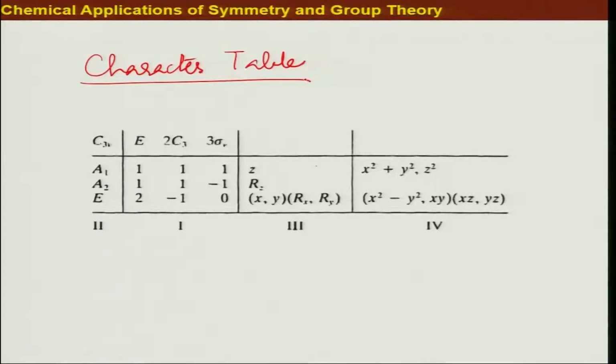Then we also looked at a table called the character table, and we saw that this character table deals with the characters of irreducible representations, and the number of irreducible representations for a given point group is fixed. We dealt with the point group C3V in the last class, and we divided the character table into 4 parts, 1, 2, 3 and 4, and described the different regions of those character tables.